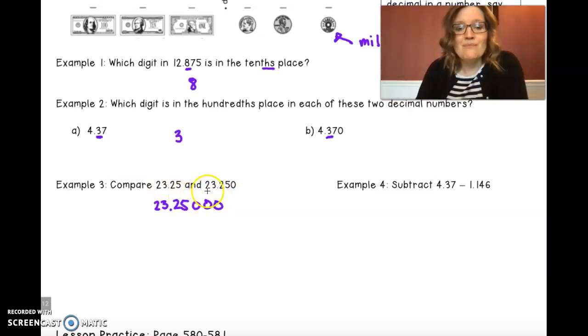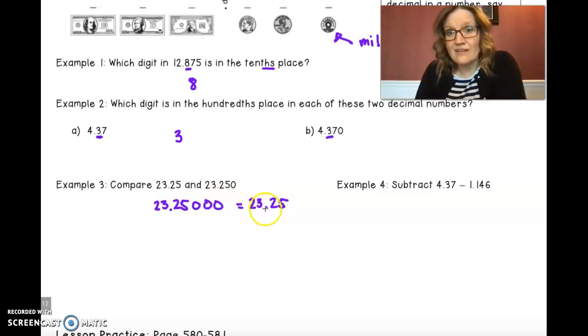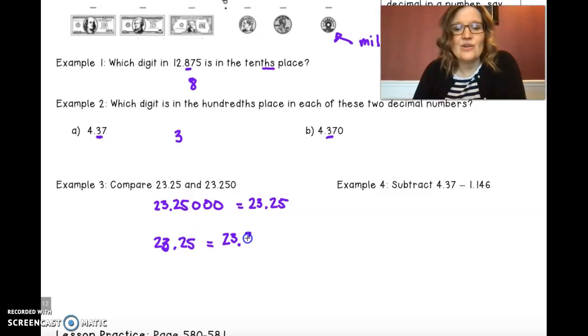So we could have many, many zeros, and it would still be equivalent. So 23 and 250 thousandths is still the same as 23 and 25 hundredths. Or we can say 23 and 25 hundredths is equal to 23 and 250 thousandths.